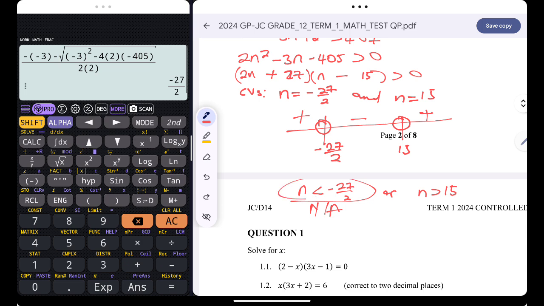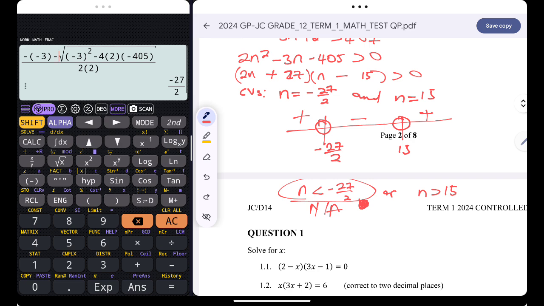Are you together? n can represent the number of terms or the position of a term. I cannot have a negative number of terms or a negative position of a term. Secondly, this thing is a fraction. I cannot count terms and then have a fraction.